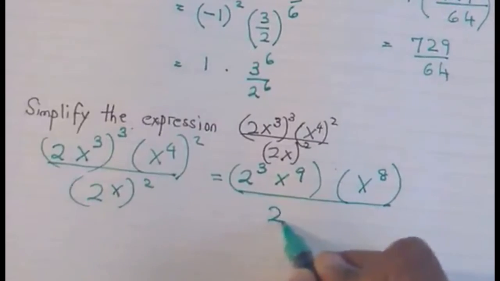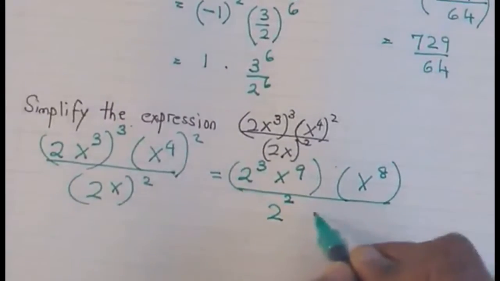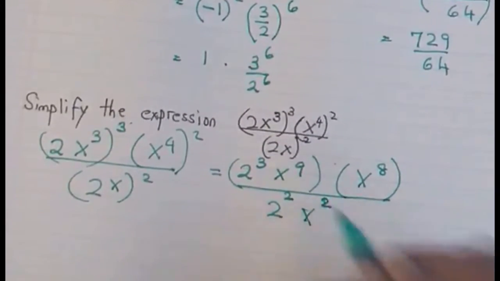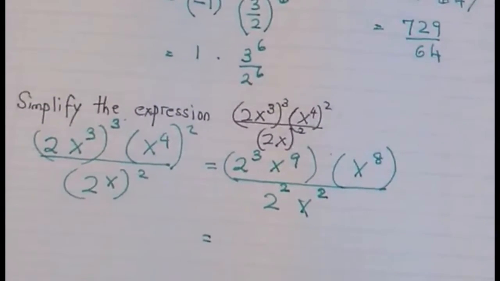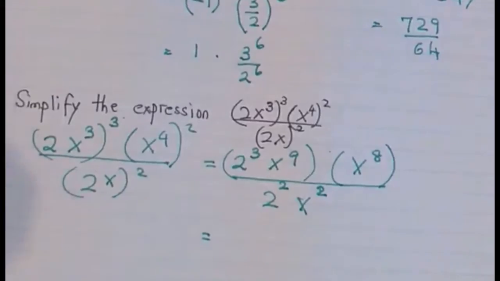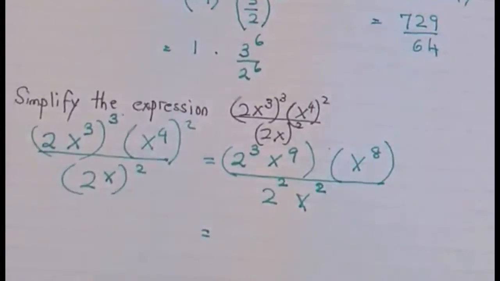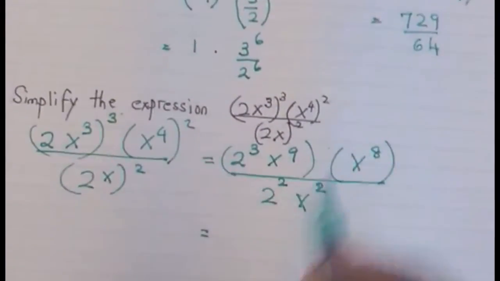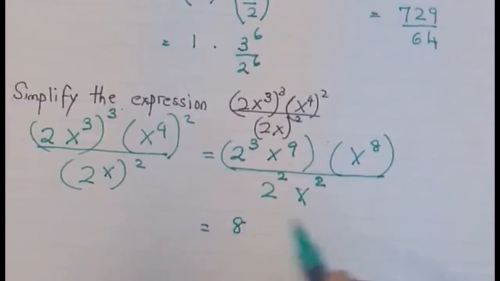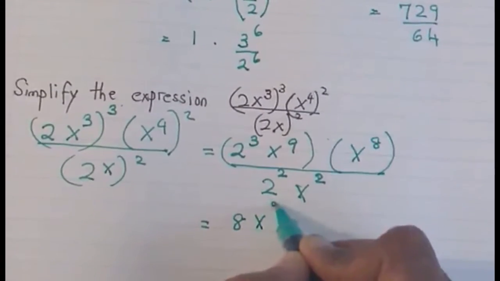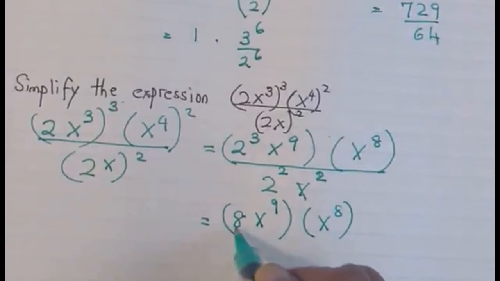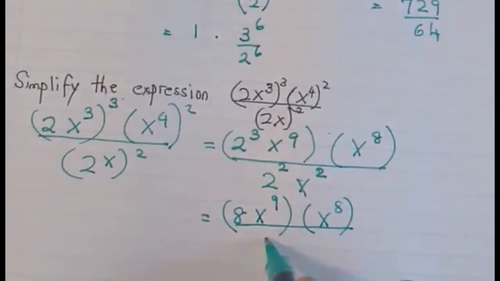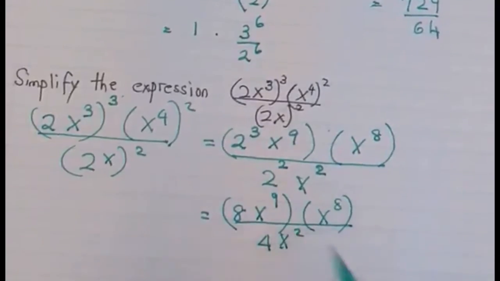So 2 raised to the power of 2 is 2 squared, and x raised to the power of 2 is x squared. Let's simplify what's in the numerator and the denominator and see whether we can simplify using the exponent rules. So in here, 2 cubed would be 8, and that's x to the 9, that's one bracket, and the other bracket is x to the 8, and in the denominator we have 4x squared.